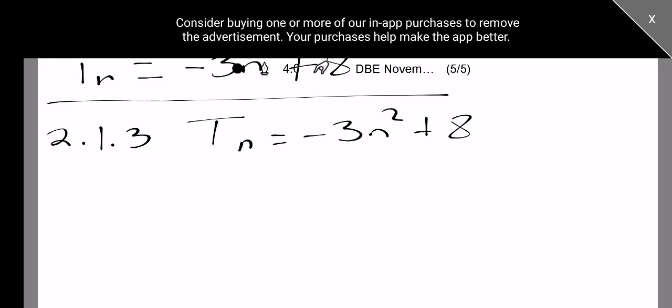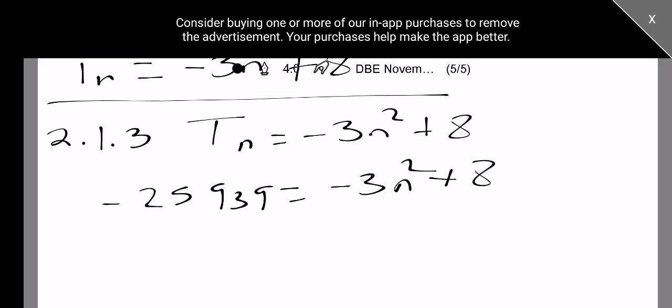Now they've given us the number, which was -25,939, equals -3n squared plus 8. Now what you're going to do, take everything to this side.